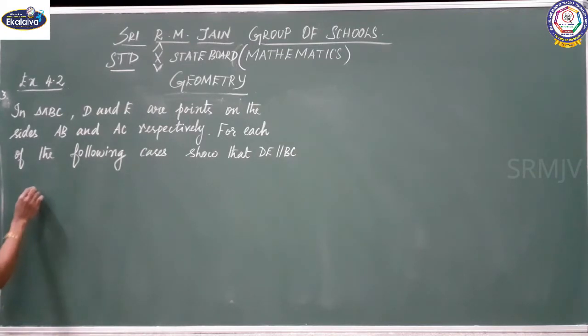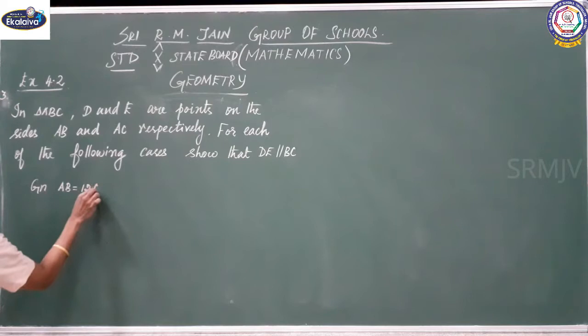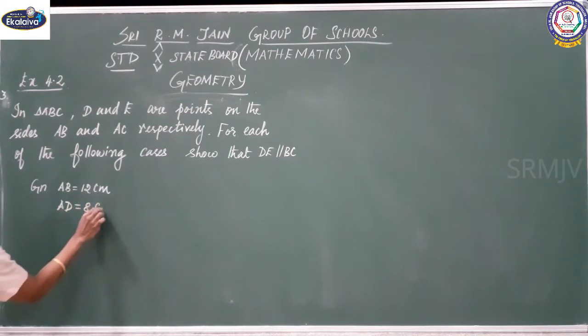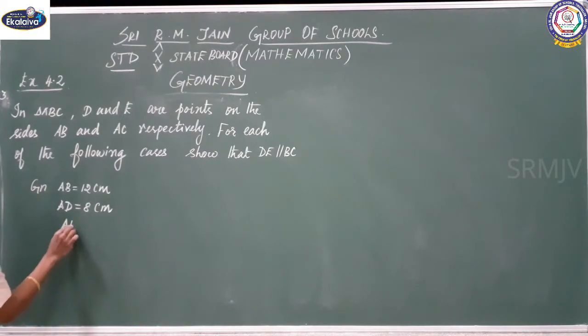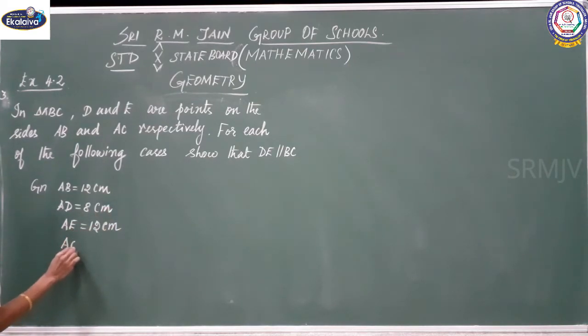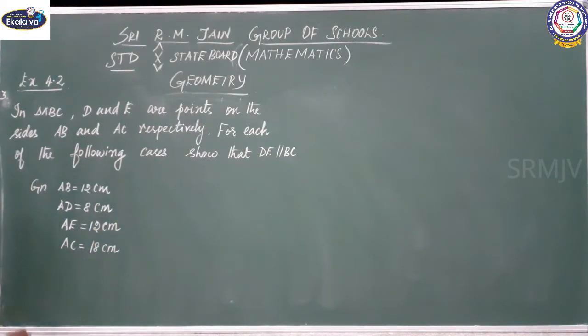First one: given AB equals 12 centimeter, AD equals 8 centimeter, AE equals 12 centimeter, AC equals 18 centimeter.